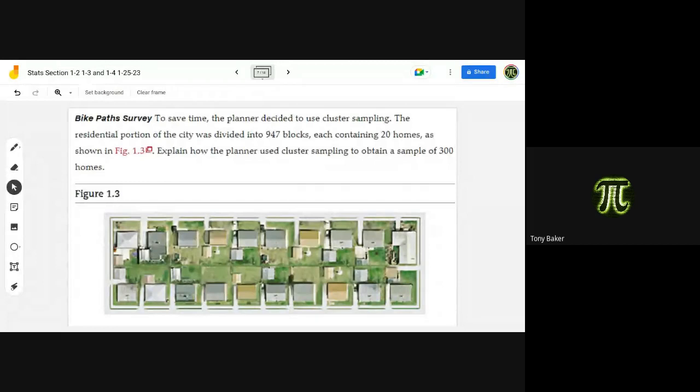Okay. So when you're trying to do clustering, you want to pick something that's going to be simple for you to do. So in this case, if I'm picking 15 blocks, if I want to do it all at the same time, I need 15 people. I send one person to each of the 15 blocks. They ask 20 homes in that block the survey, and we're done. In one day, probably less than a couple hours, they can ask all 20 people on that block the information.